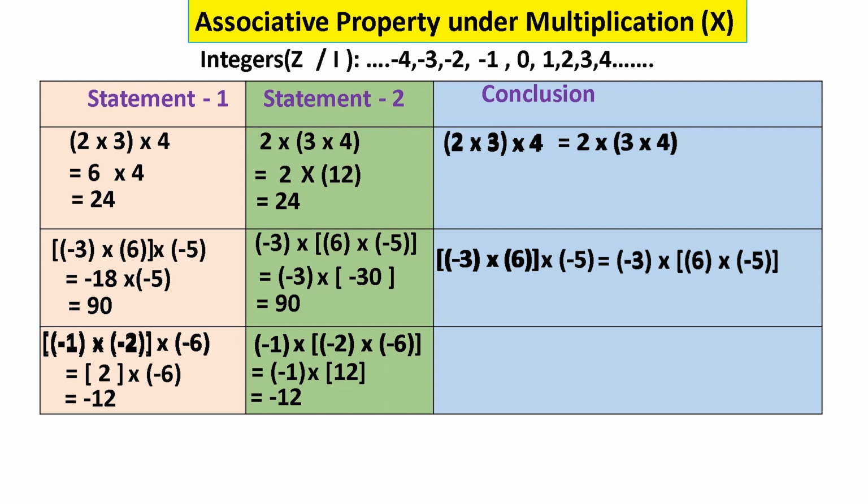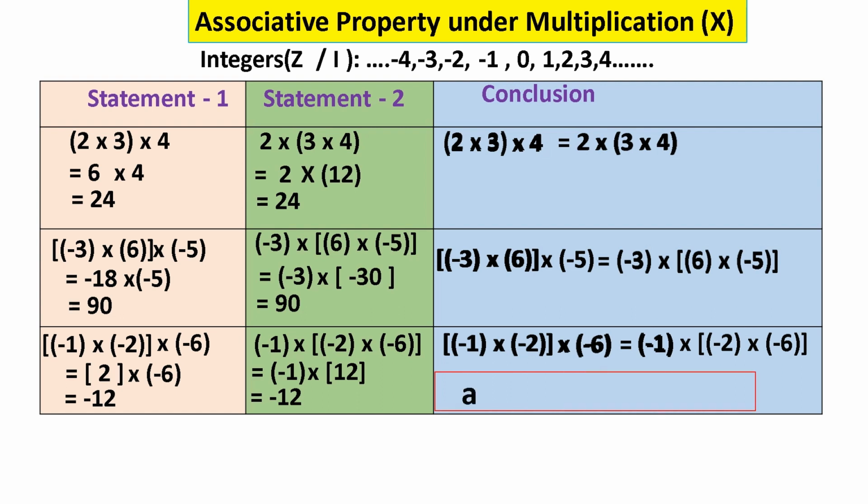So statement 1 and statement 2 are equal. The product of minus 1 and minus 2 multiplied by minus 6 gives the same answer as the product of minus 2 and minus 6 multiplied by minus 1.